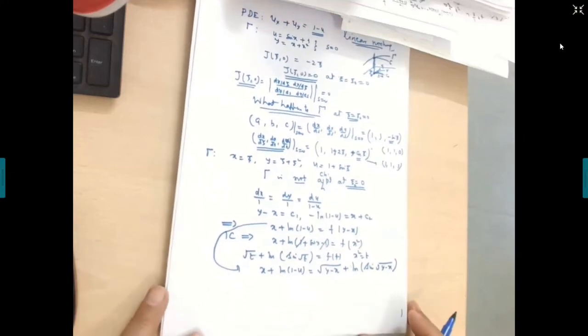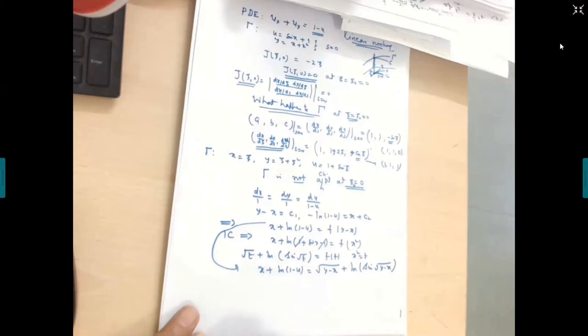I may commit some mistake somewhere. Sir, you have taken u is equal to sin x plus 1. So minus sin x. So it should be ln of minus sin x.